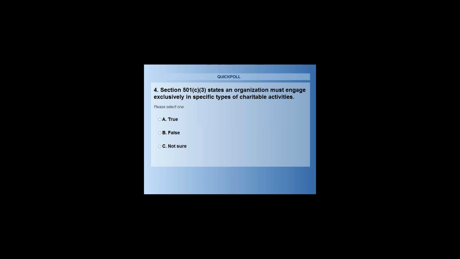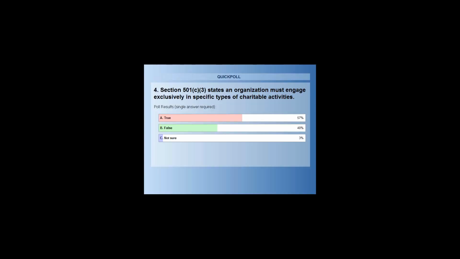Is this statement true, A, B, false, or C, you're not sure? Get those answers in. And we'll close this poll here in 3, 2, and 1. And it looks like, Lynn, about 57% said true, 40% false.